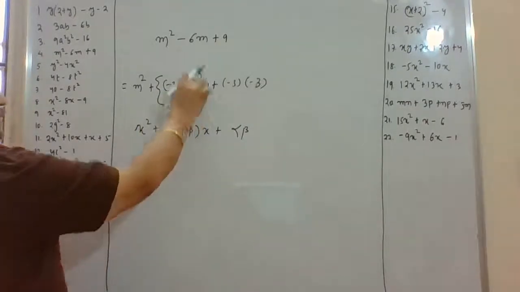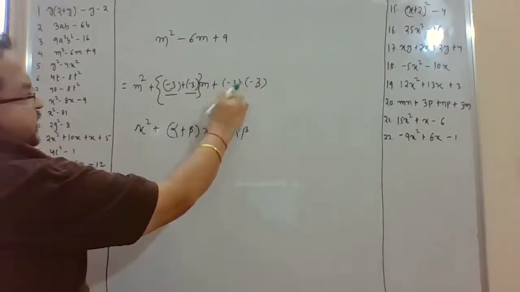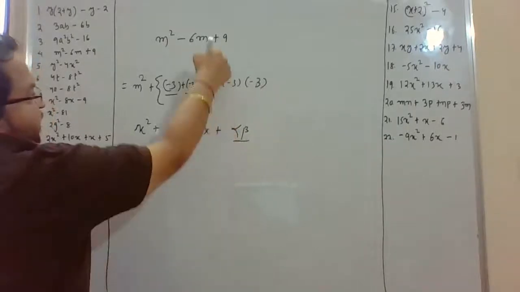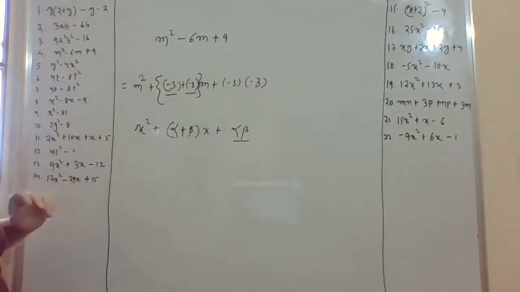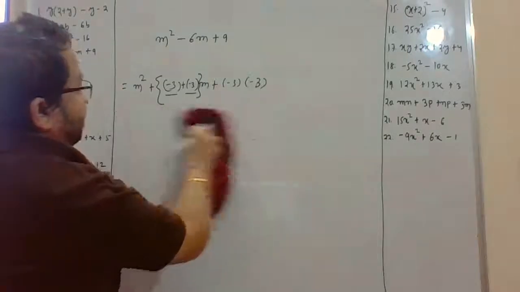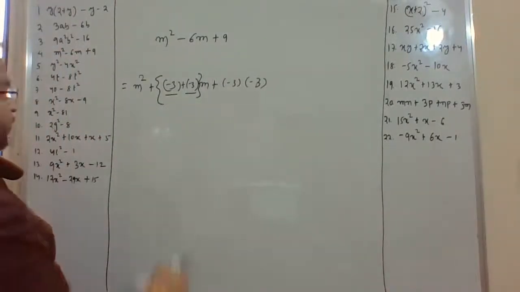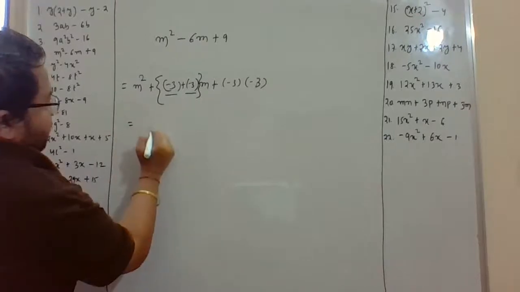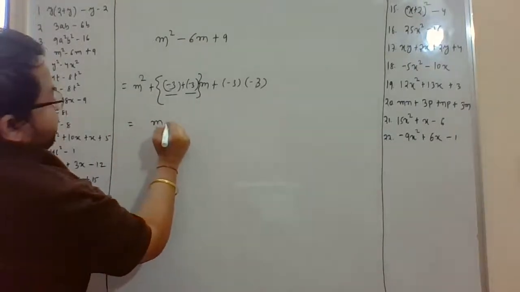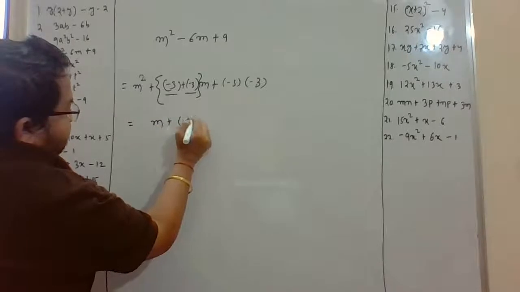So minus 3 plus minus 3 is minus 6. Minus 3 into minus 3, alpha beta, is plus 9. Right? So now this is a simple sum and product type quadratic trinomial. So I can write, obviously the factor would be m plus minus 3.